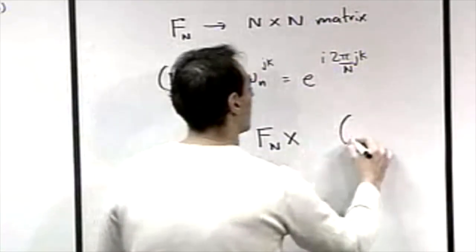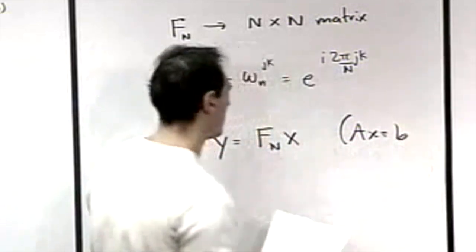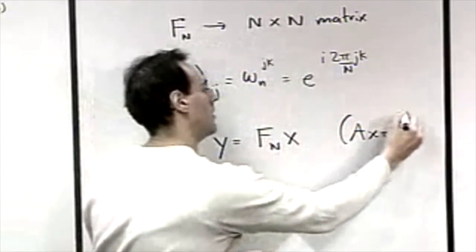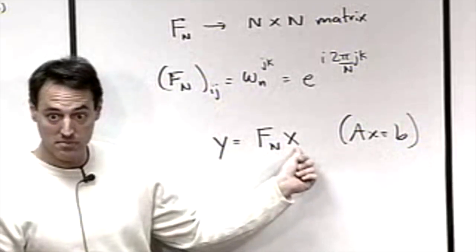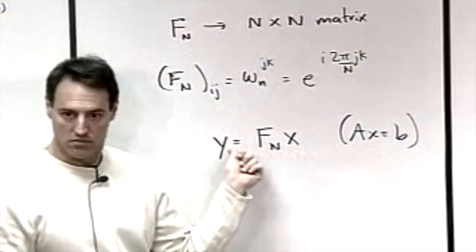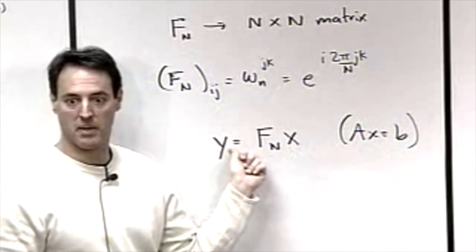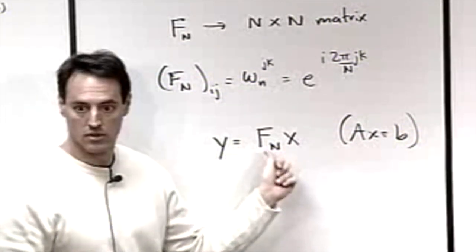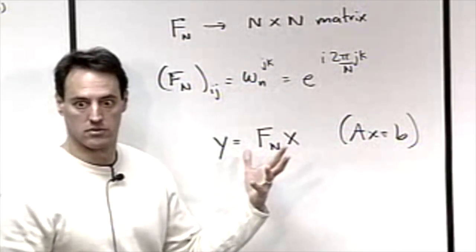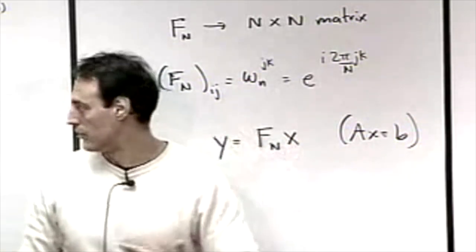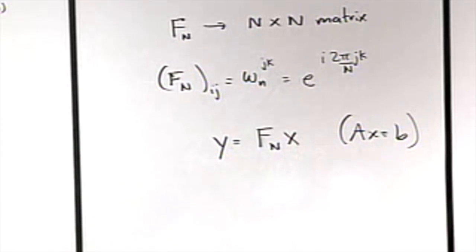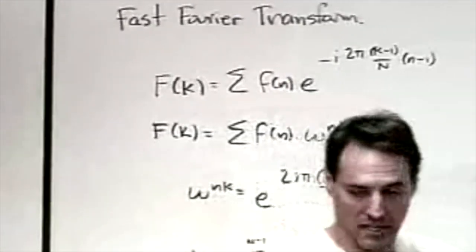X contains all my Fourier coefficients. My y is what the function I'm expanding actually is, and this is your basis functions. So essentially what this results in is trying to do a representation like this and solve for these components. It results in a big Ax equal to b.